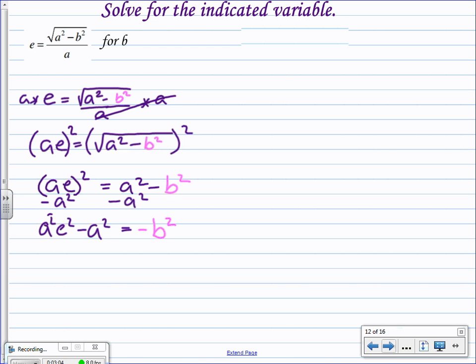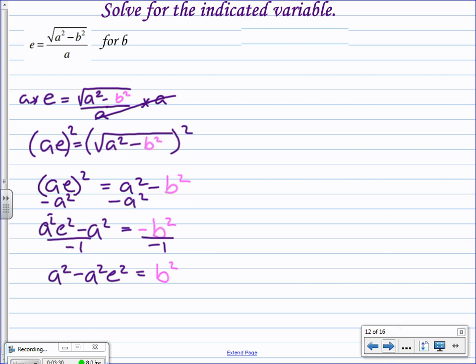Now b squared is still, I want to solve for b, not b squared. So I need to divide by negative 1. And then I'm going to get a squared minus a squared e squared equals b squared. Sorry, I keep forgetting to change my colors.